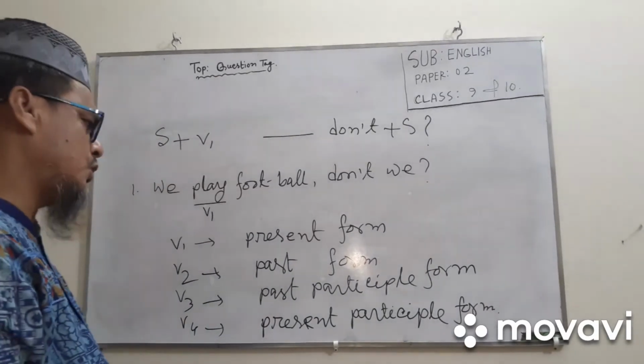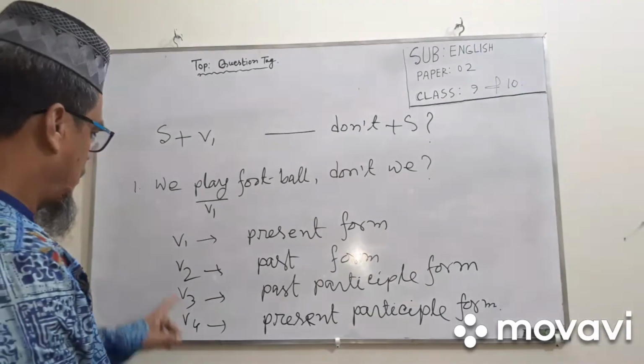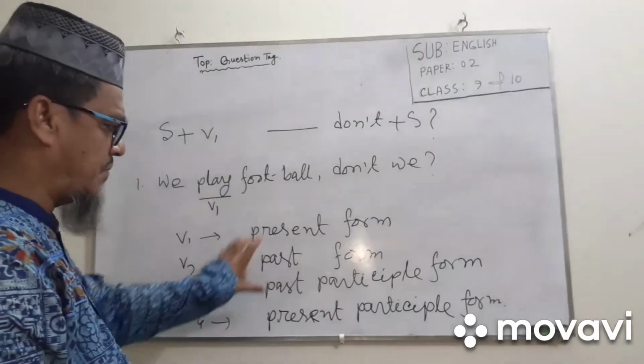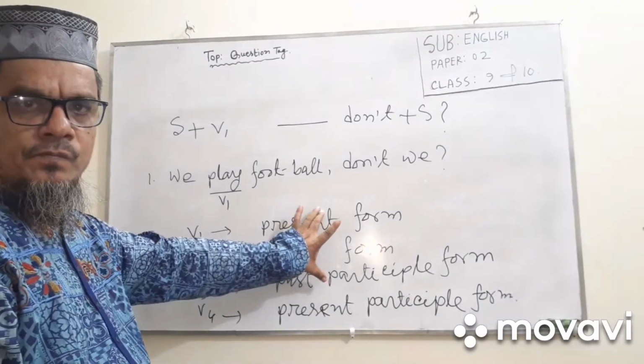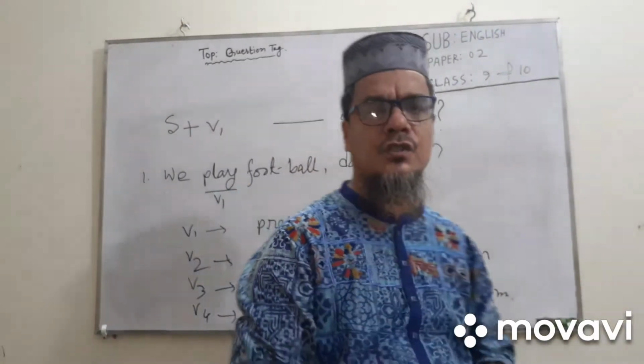In most books in our country, three forms of verbs have been discussed. But I think that there are four kinds of forms of verbs.